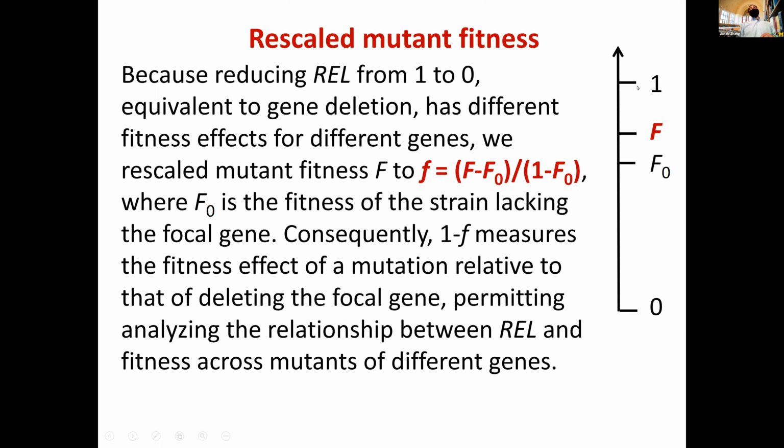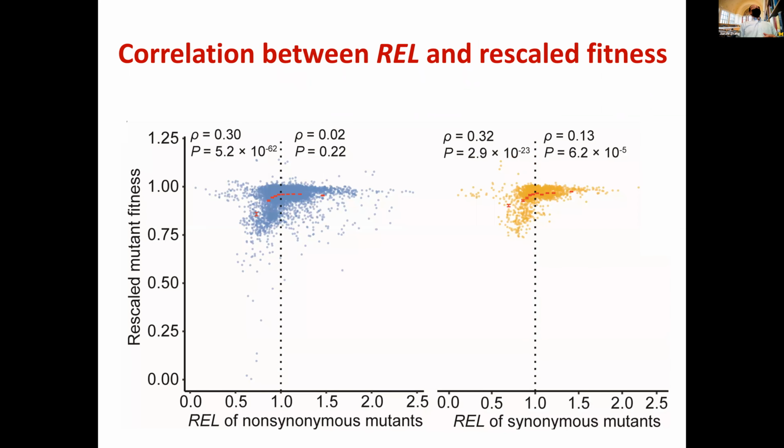So if we want to see the effect of changing the expression level on the fitness, basically we're looking from a fitness of 1, which could be high, to the lowest, which is F0, when you delete the gene. So we calculate this rescaled fitness by this formula, and then we compare across all the mutants among all the genes.